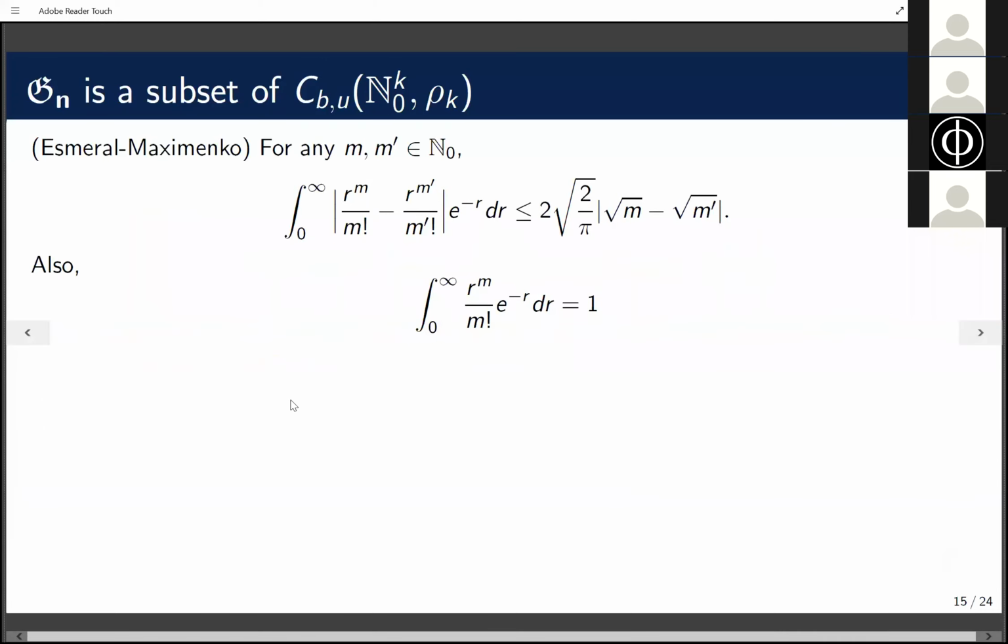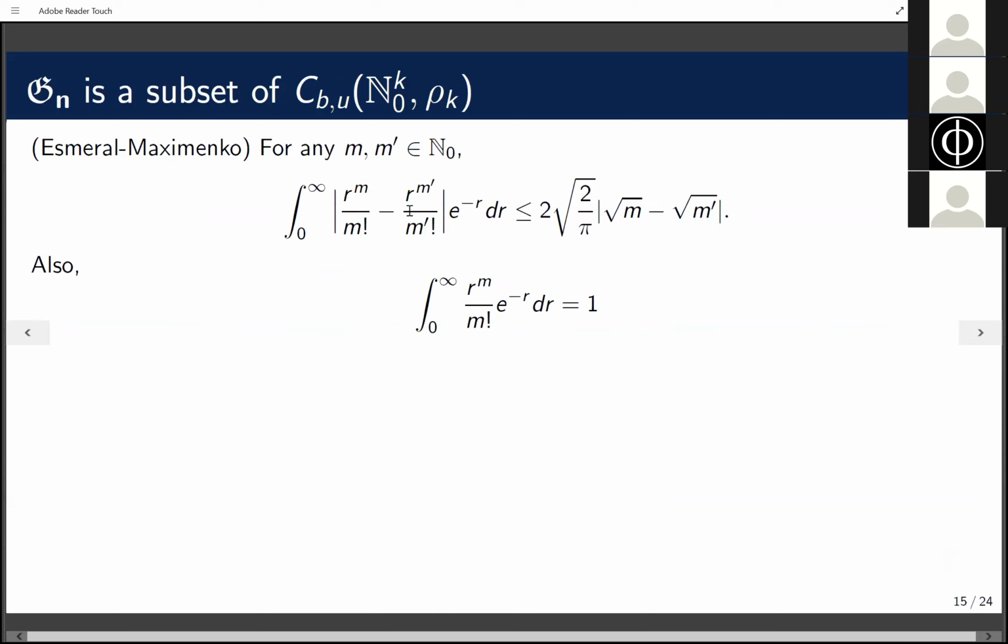Okay, so from the one-dimensional paper by Esmeral and Maximenko, we have this inequality. r to the power m divided by m factorial, this is the kernel for the formula.